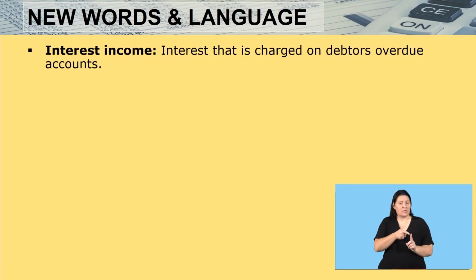This is interest that is charged on debtors. Very important here. Interest charged on debtors' overdue accounts. So when our debtors do not pay us according to the time that we would have given them, we will charge them interest, and that is interest income. So it is income to our business.